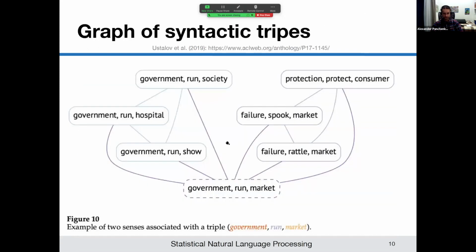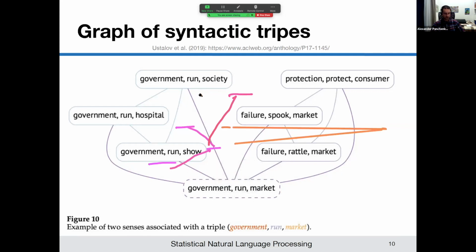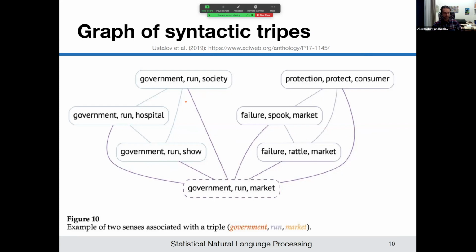Okay. Another kind of graphs which you might observe in NLP are graphs of syntactic triples.